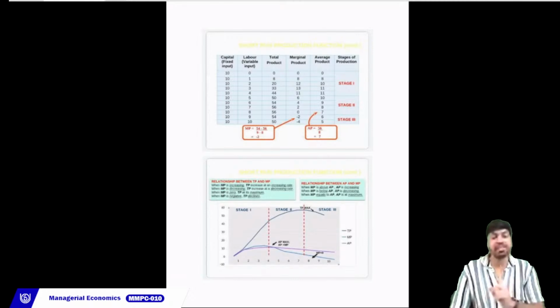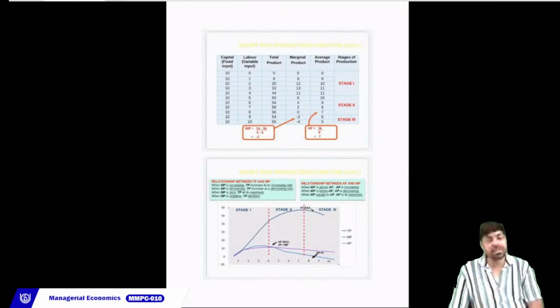It's written that the outcome of stage third is that the total output will increase but at a diminishing rate. That's a conclusion of the law of variable proportion and the law of diminishing marginal returns.